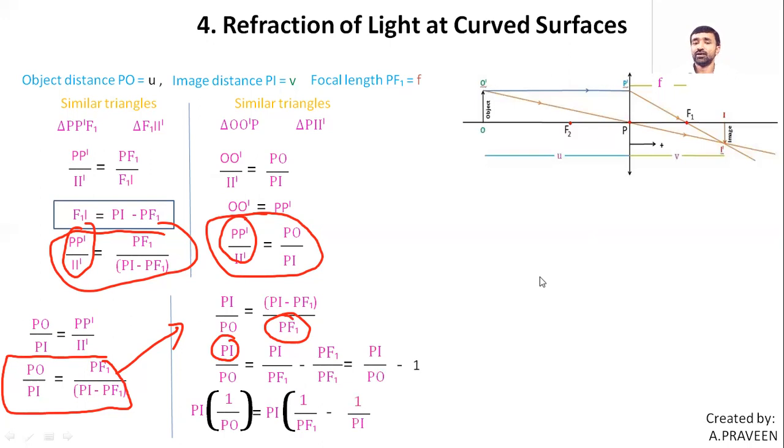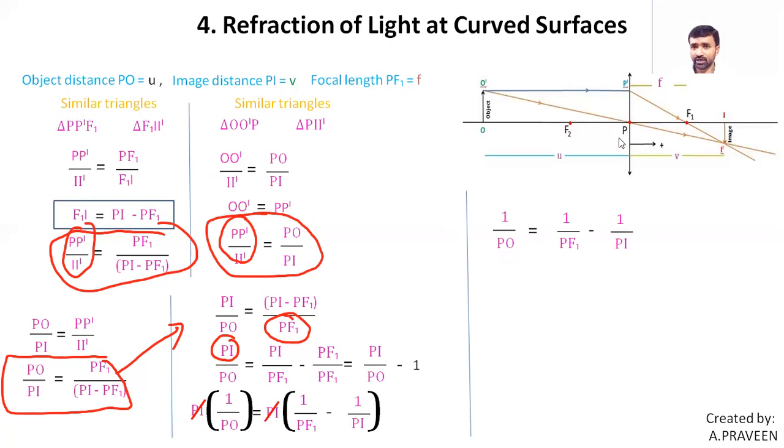If you expand, PI gets cancelled, and the second term on the right side remains as 1, right? So here I got this one. Then on both sides, PI gets cancelled. The remaining is 1 by PO is equal to 1 by PF1 minus 1 by PI given. Everyone clear up to here?